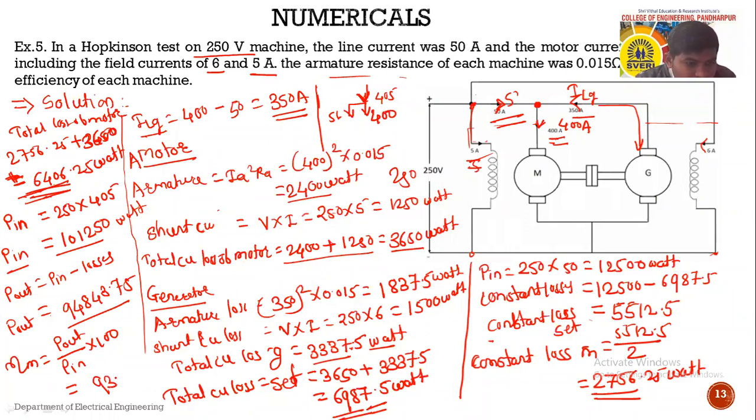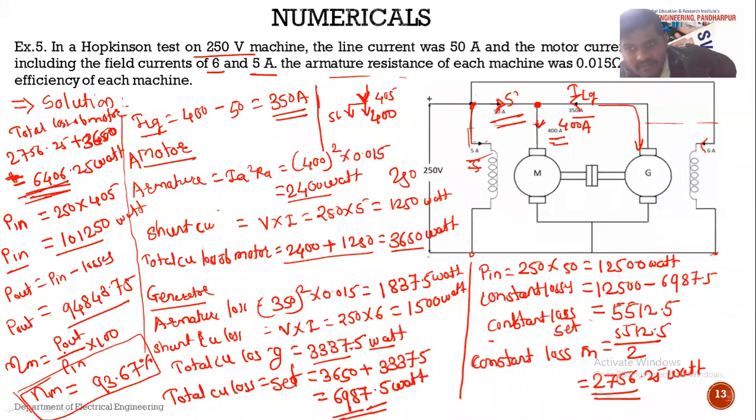So C efficiency is equals to 93.67% of motor. Similarly, calculate for generator. Generator ची same calculate करा. आणि दोन्ही efficiency, motor efficiency is equals to 93.67 and the generator efficiency is equals to जे काही येईल ती, calculate करा for the same procedure. त्याच्यासाठी पण same procedure. Okay. करता येईल का generator ची? Yes, sir.